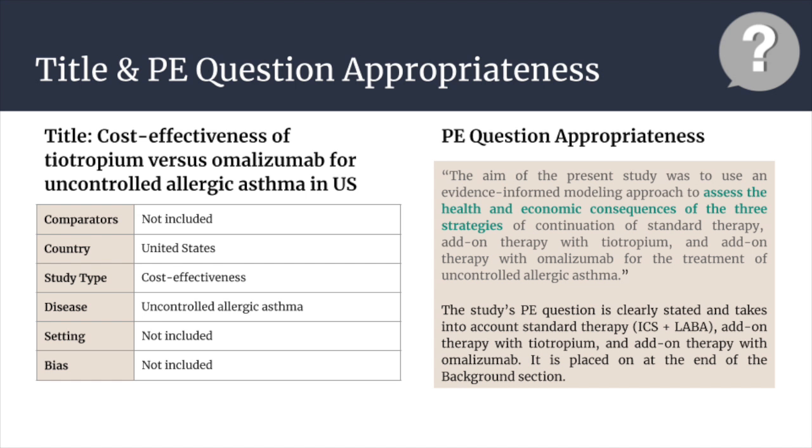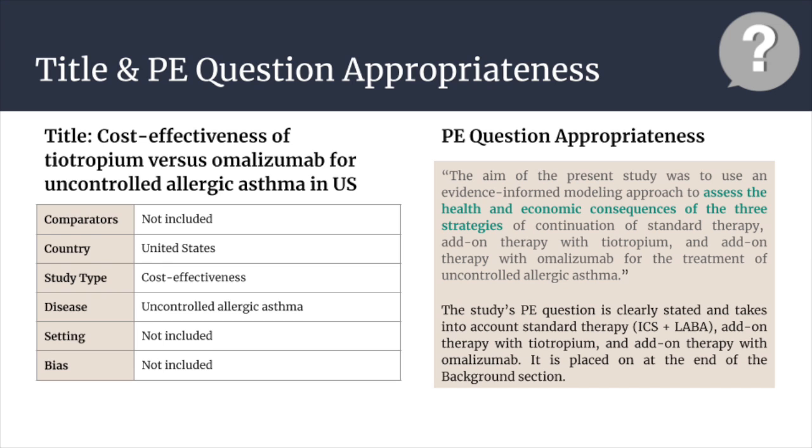Now we will take a look at the introduction of the study, which includes looking at the appropriateness of the study's title and taking a closer look at the pharmacoeconomic question. The title of the article is Cost Effectiveness of Tiotropium versus Omalizumab for Uncontrolled Allergic Asthma in the United States. The author did a good job at including the country, study type, and disease state.